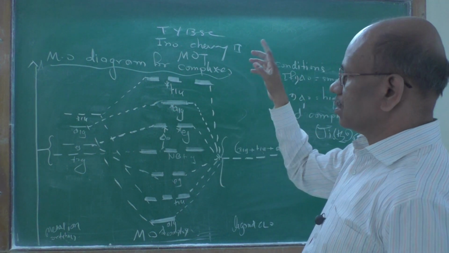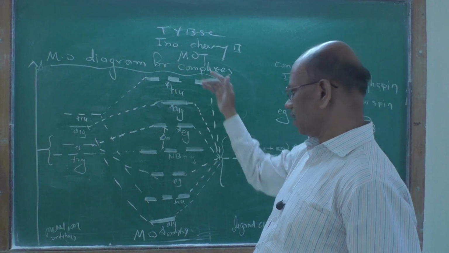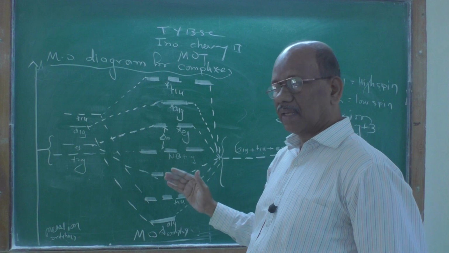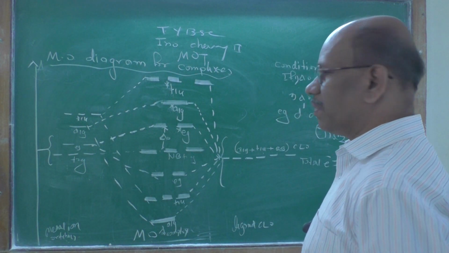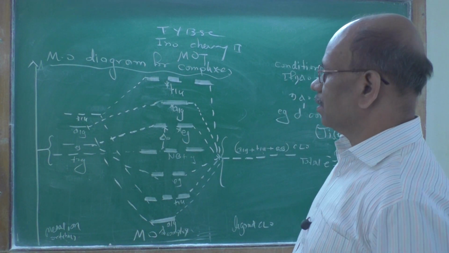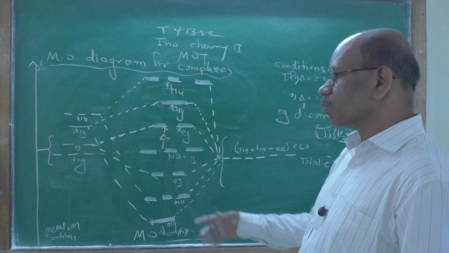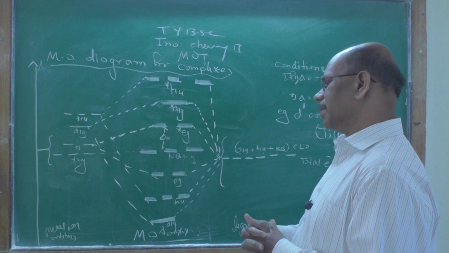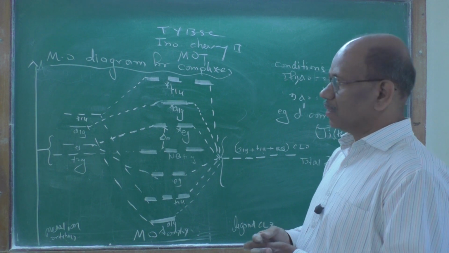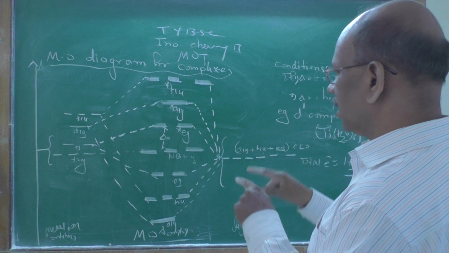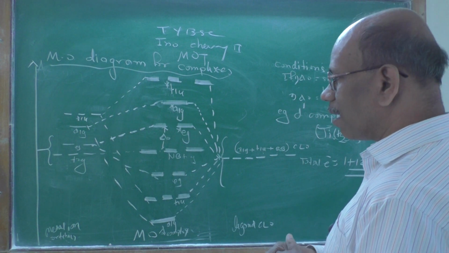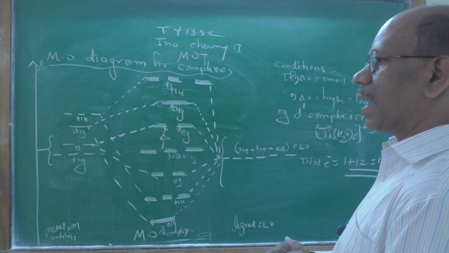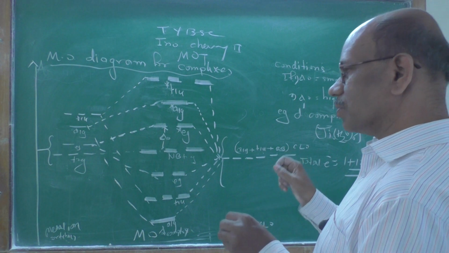Here the star indicates anti-bonding, without star indicates bonding, and NB indicates non-bonding. In this way a 1:1 correspondence takes place and we get the MO diagram. It is a general MO diagram for octahedral complexes without pi bonding, or only with sigma bonding.